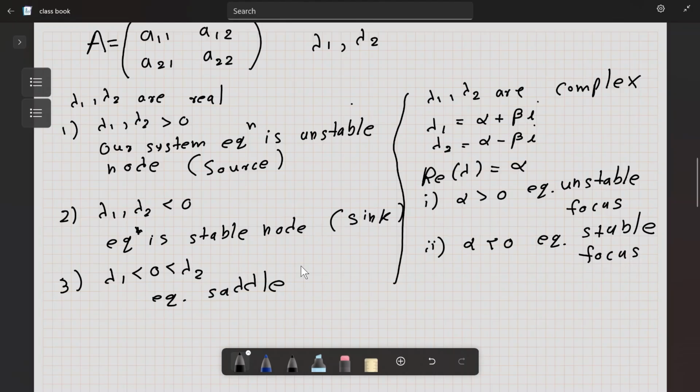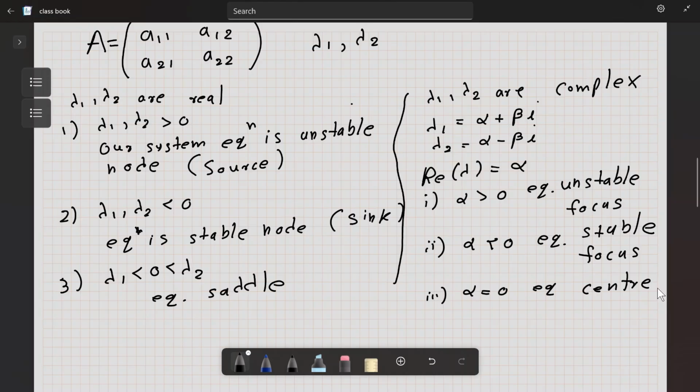If alpha is equal to 0, then the equilibrium point will be a center. So these are the qualitative behaviors of our planar linear systems.